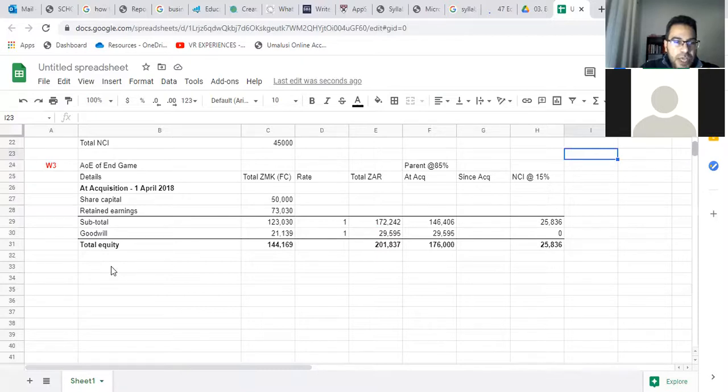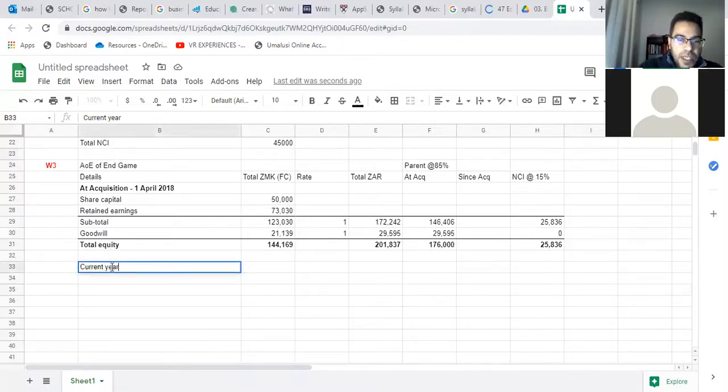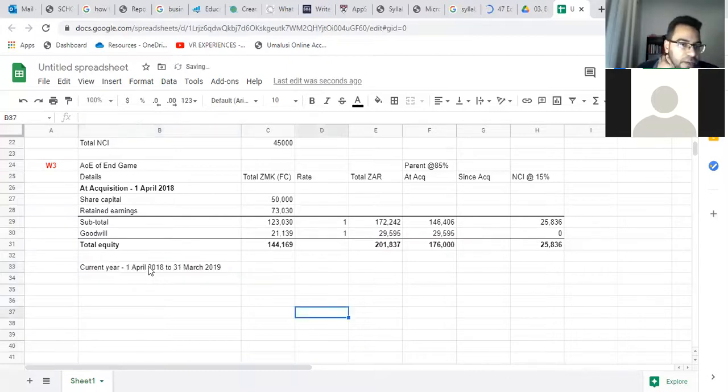So now we're going to have current year. And current year is 1 April 2018 to 31 March 2019. Okay, so now we can deal with this.